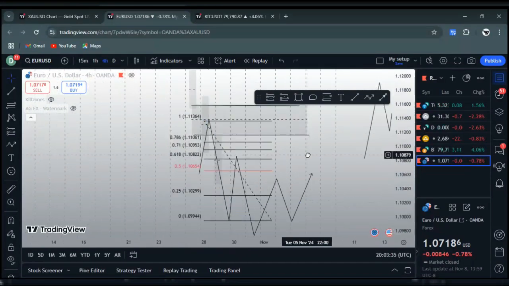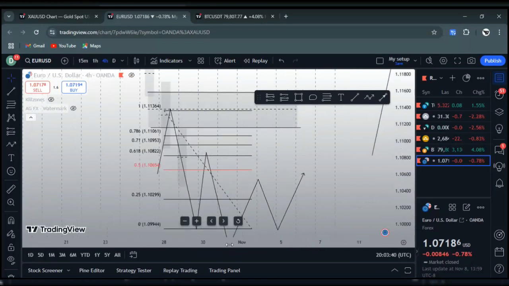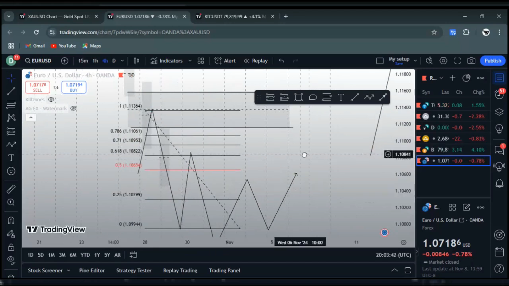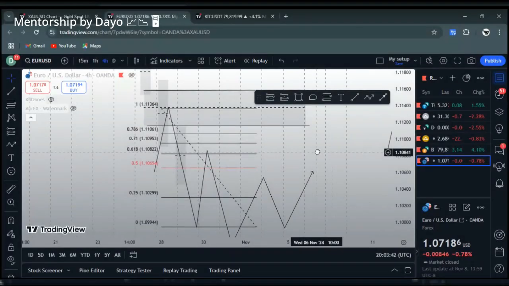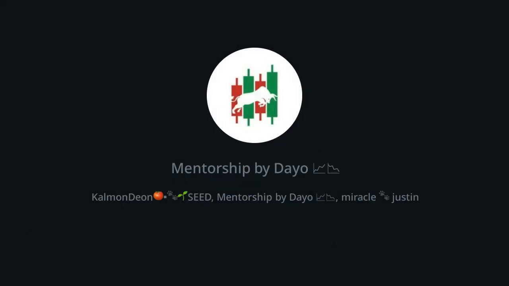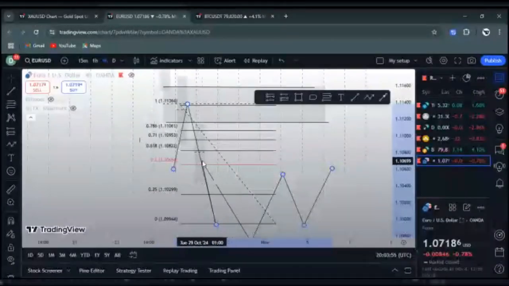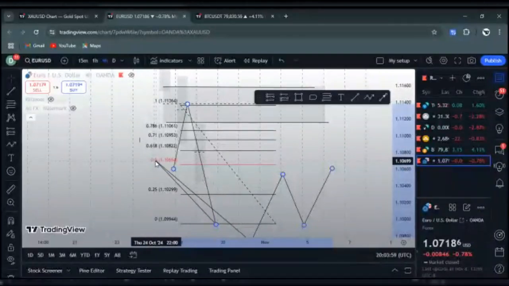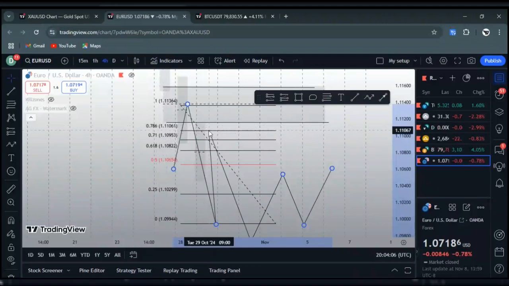Then, according to the rules of Fibonacci, according to the premium and discount rule, it's expected the market retraces back to either 50%, which is 0.5, or 0.618, or 0.71, or 0.78 before it starts going down again.